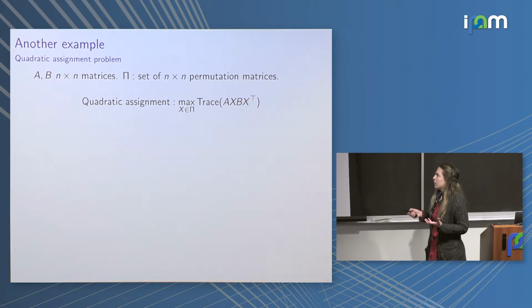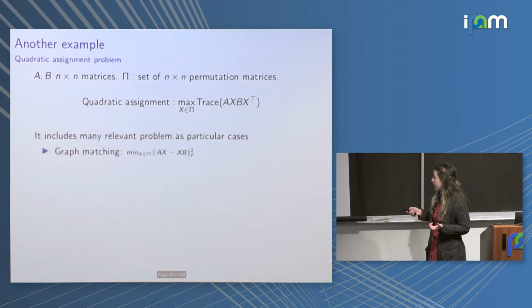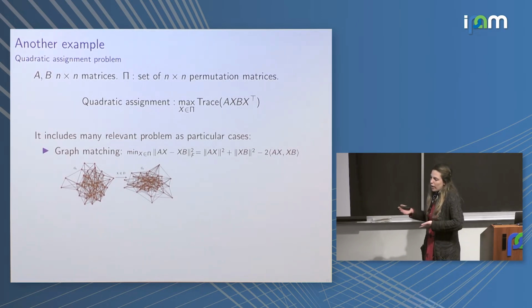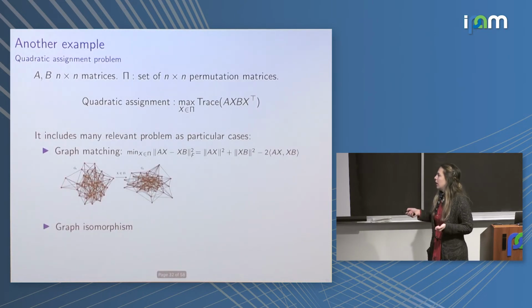Basically, you're looking for a permutation that maximizes this trace, which is actually equivalent to the graph matching problem. So finding a permutation that matches one graph to the other one and minimizes the discrepancy. And if you solve the graph matching problem, then you also solve graph isomorphism, because it is deciding whether this minimum is equal to 0 or not.